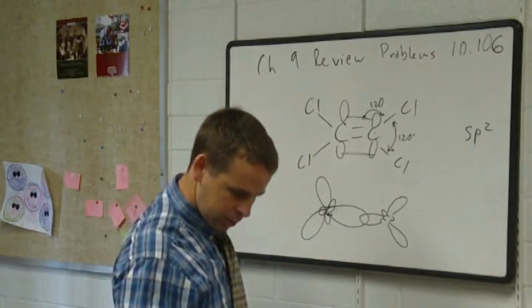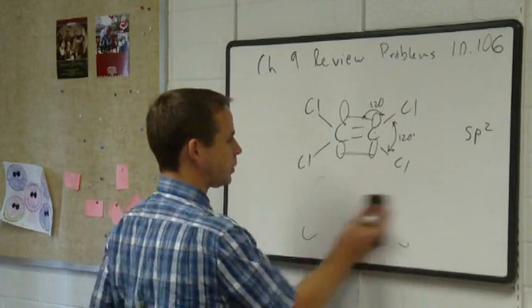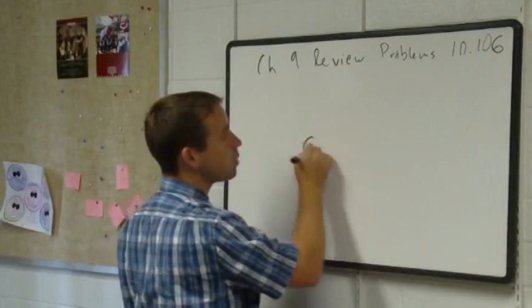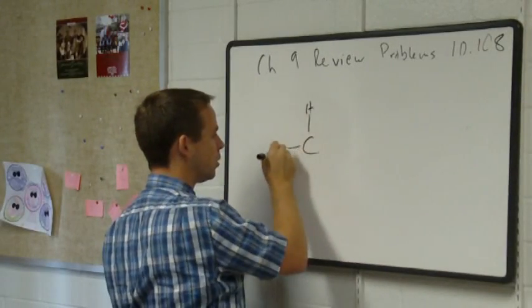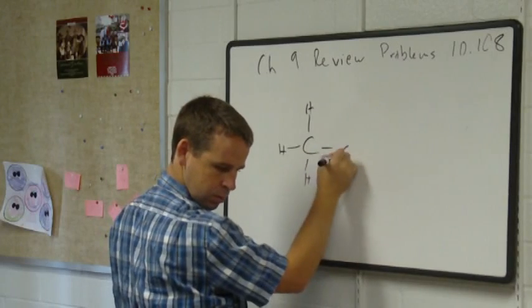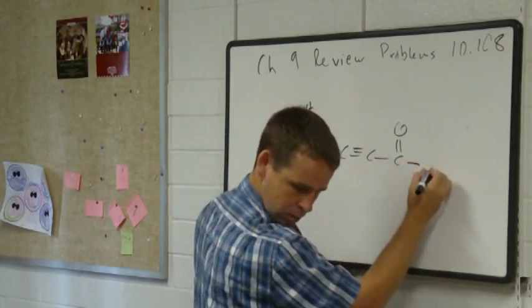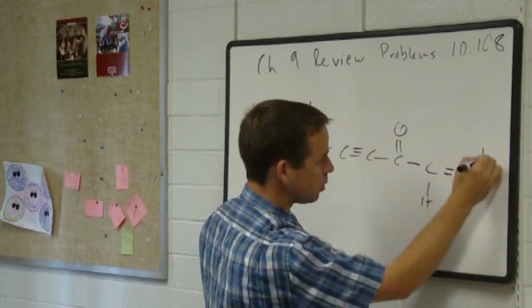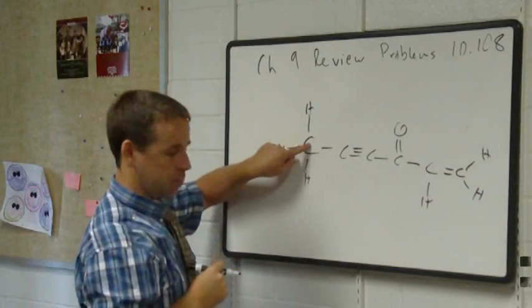10108, what kind of hybrid orbitals do the numbered atoms use in the following molecules? So it draws this molecule, this is 10108. And they ask what kind of hybrid orbitals have to be here.